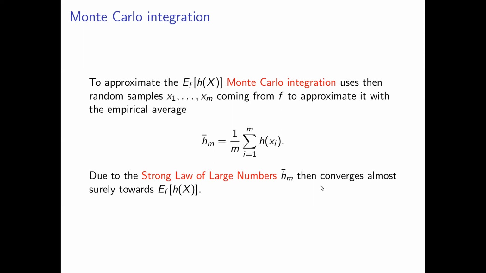And therefore we take the arithmetic mean of all our simulated values xi, transform by the function h, sum them up and divide by the total number of simulated values. According to the strong law of large numbers, this arithmetic mean converges almost surely to the expected value of h of x.